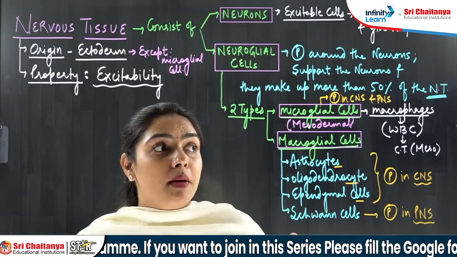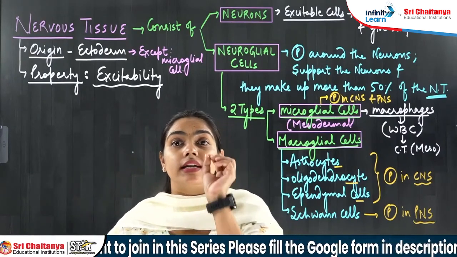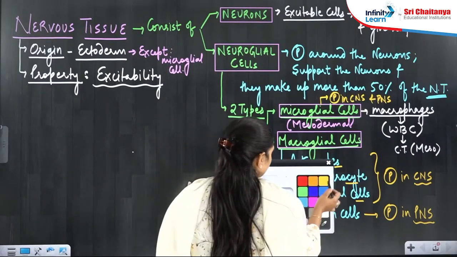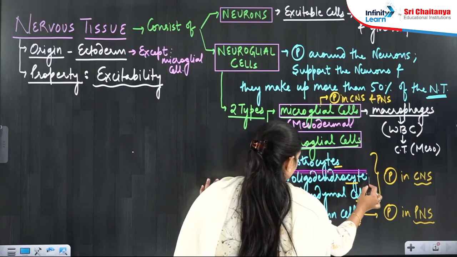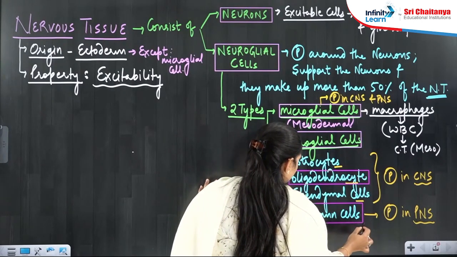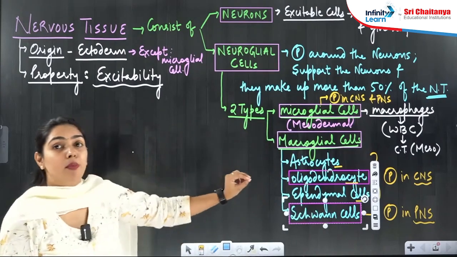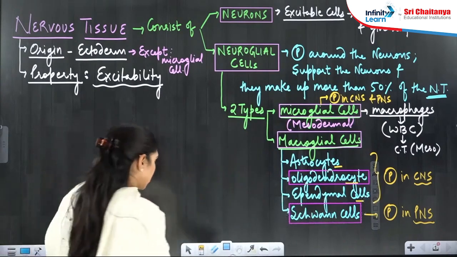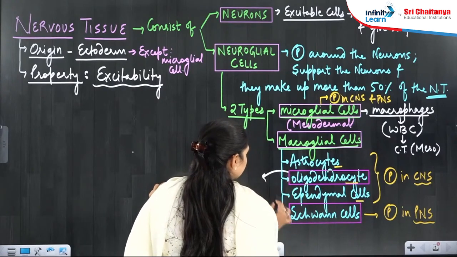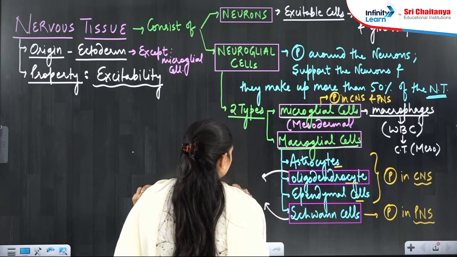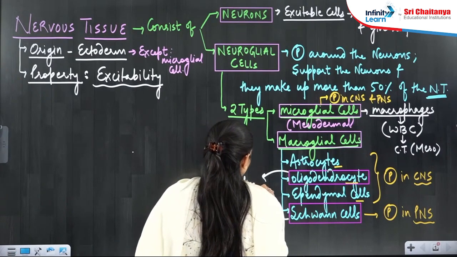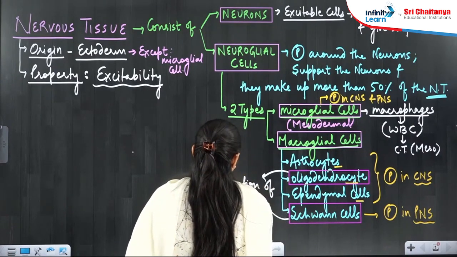You should not remember all the cells, but you should definitely remember 2 names. One is oligodendrocyte and one is Schwann cell. They have a very, very important function, that is the formation of myelin sheath. They both do the same function, formation of myelin sheath.